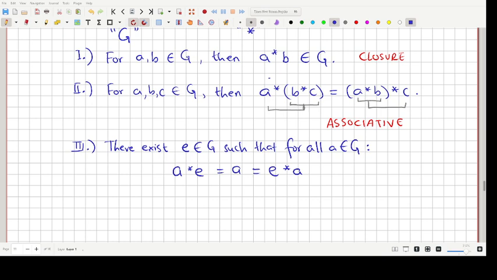Actually, even if it is e, it also holds true. So there exists an element e such that for all elements of G, including e, a star e is equal to a, and e star a is also equal to a. This property is the existence of an identity element. So element e is the identity element.